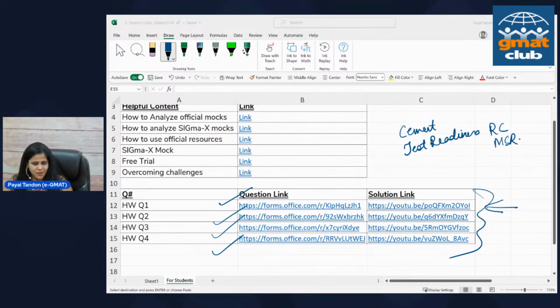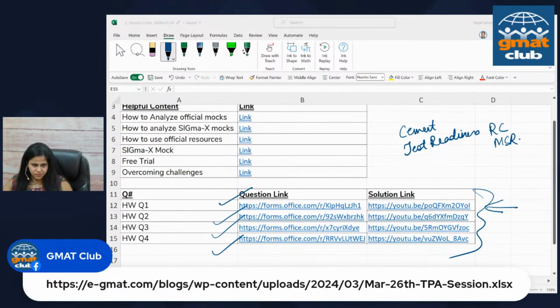All right, so tell me about your learnings. What are you going to implement going forward as you solve TPA questions? Have a more sincere approach.